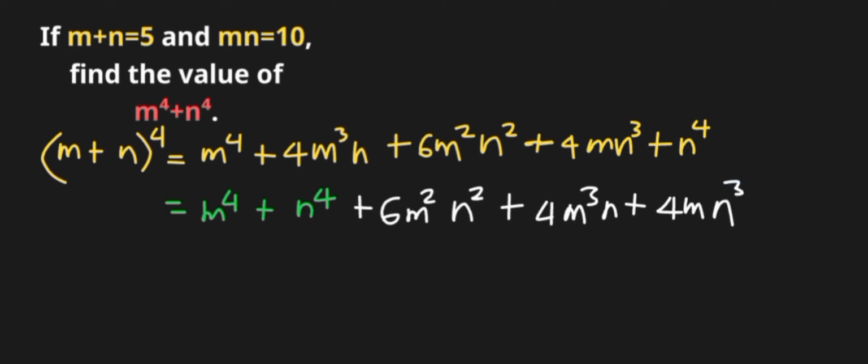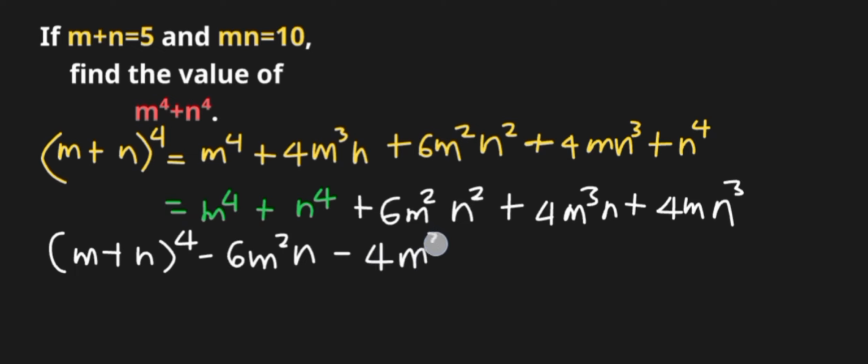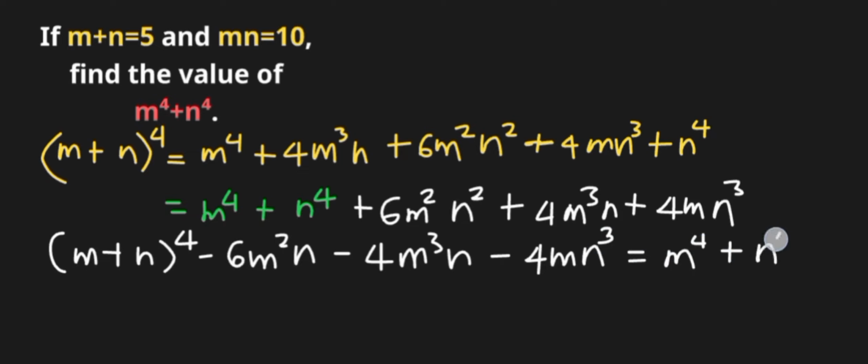Moving the three terms to the left hand side, that is subtracting them from both sides, the identity becomes m plus n to the power of 4 minus 6m squared n squared minus 4m cubed n minus 4mn cubed, and only on the right hand side we have m to the power of 4 plus n to the power of 4, which is what we want to evaluate given the above information.